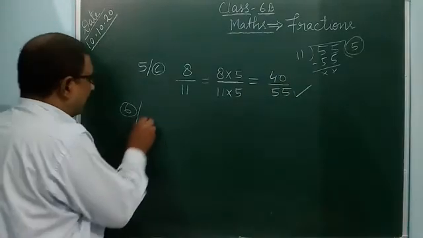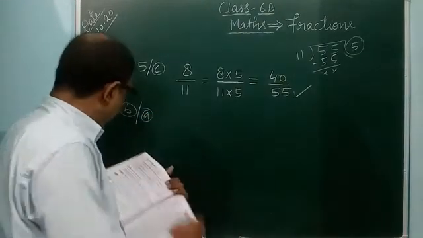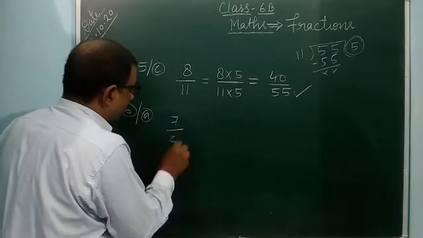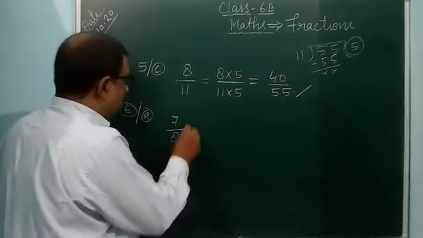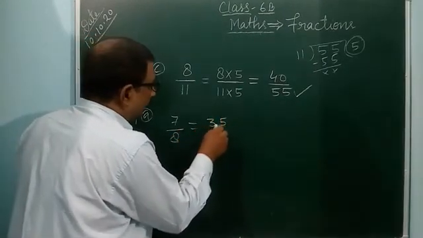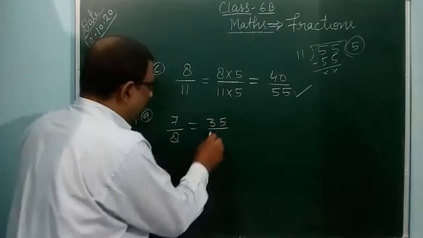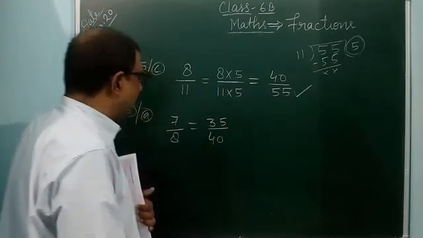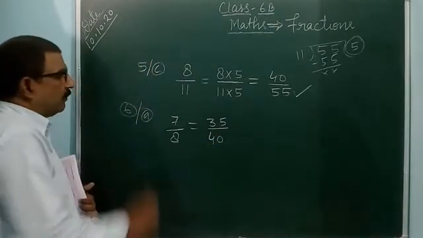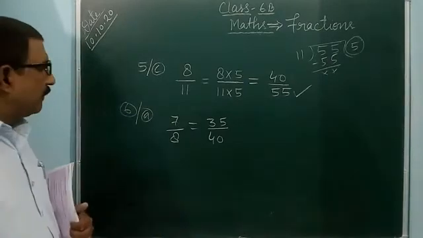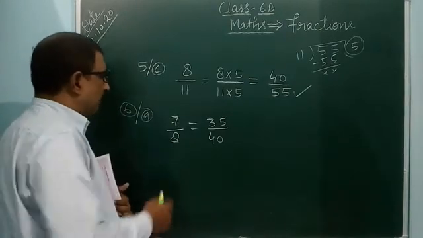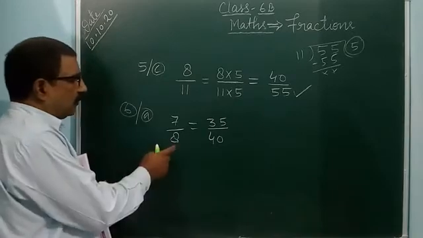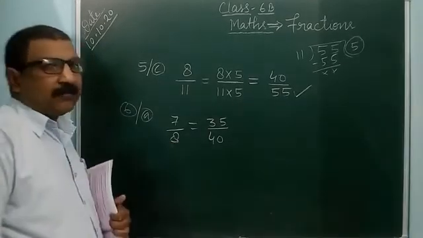Like that, 6a. You see, first question 6a, 7 by 8 and 35 by 40. You can see this 7 is in the lowest form, it is a prime number. 7 is a prime number, but denominator 8 is an even number.